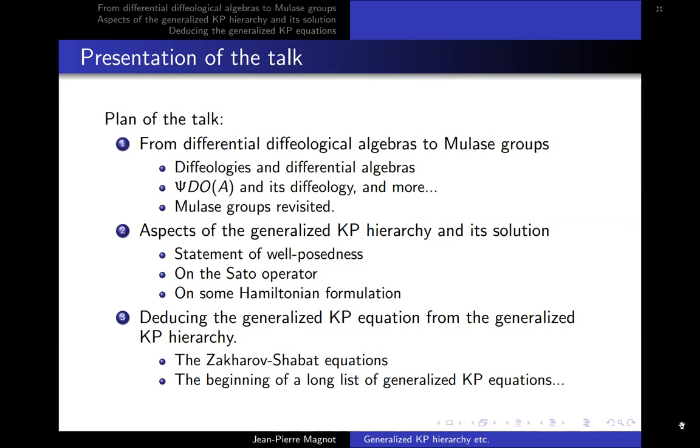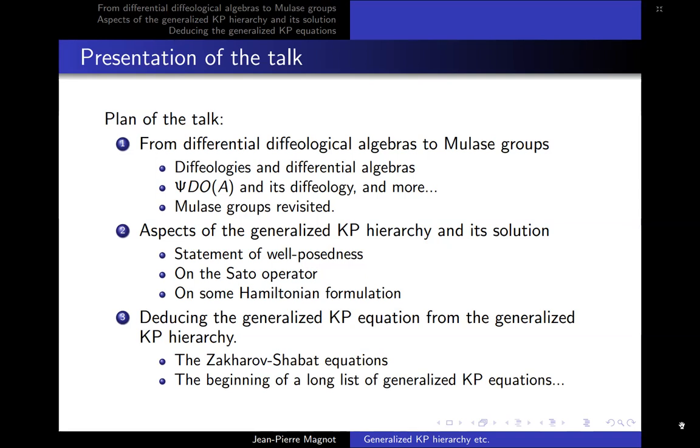With this setting, we can state some well-posedness. I will explain what I mean by well-posedness, and then I will analyze what we are used to finding in the context of the KP hierarchy, that is the presence of the Sato operator and the Hamiltonian formalism.